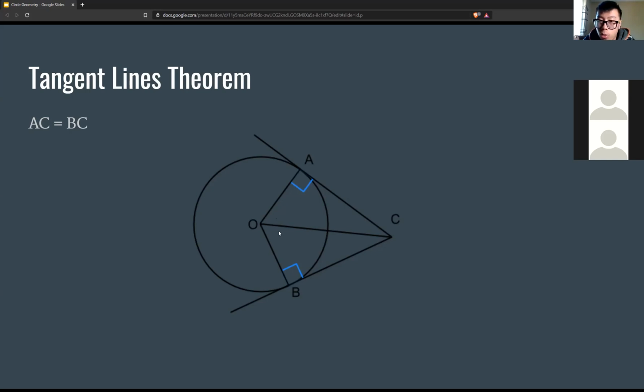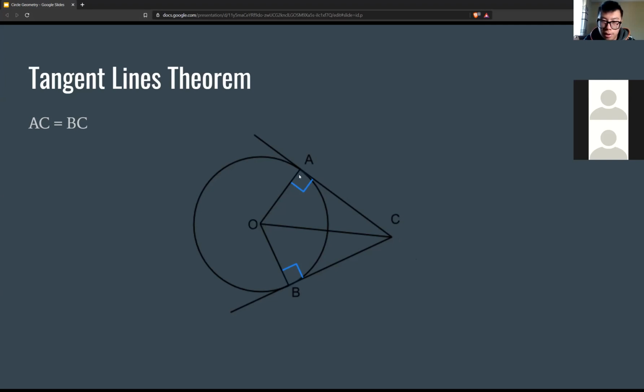And here we have OC, where we connect the center O to the outside point C. If you use the Pythagorean theorem, OC squared is equal to OA squared plus AC squared. And similarly, OC squared equals OB squared plus BC squared. I'm a bit too lazy to write this out, but hopefully you know what that looks like.